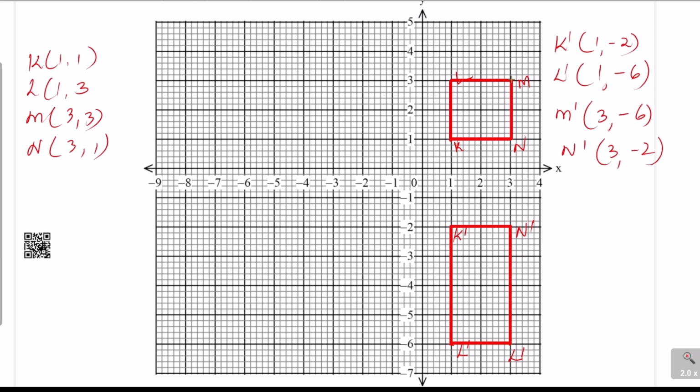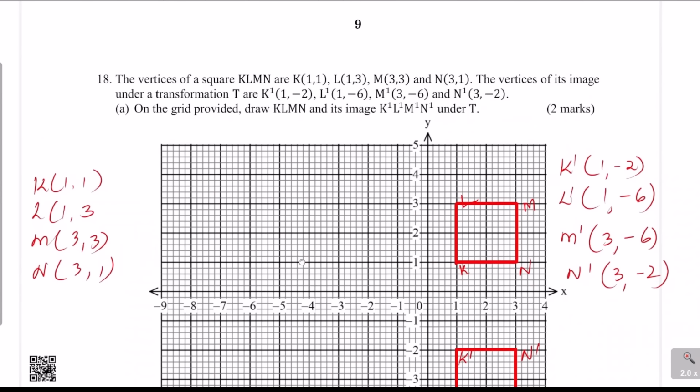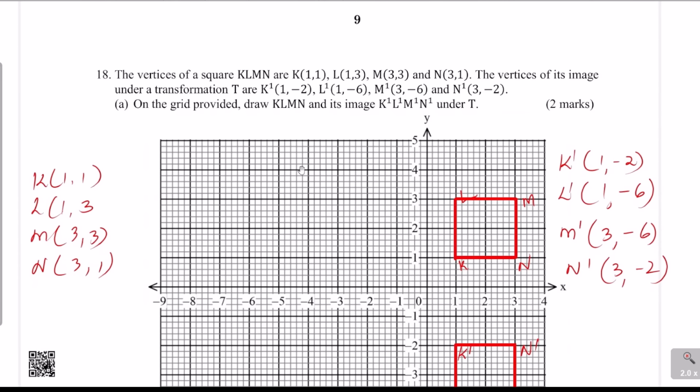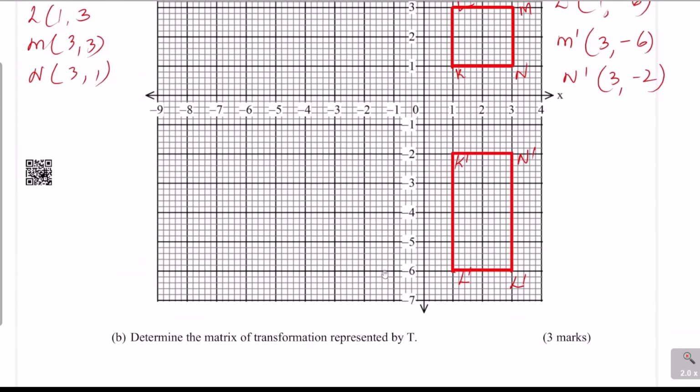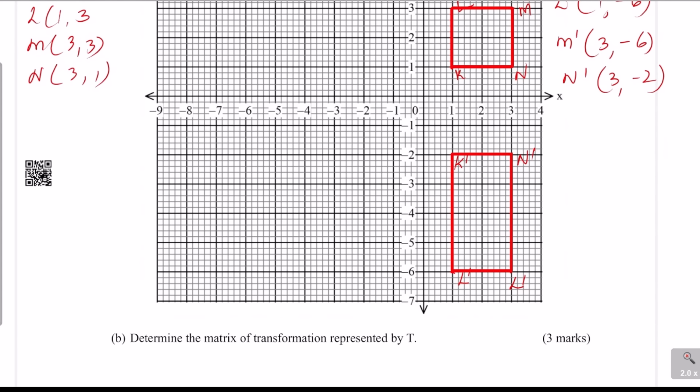So that is the first question. The first question, you simply are required to provide the object K, L, M, N and its image under T, the transformation T. Then part 2, determine the matrix of transformation represented by T. So for T, you don't know that matrix, but you have the object and the image.